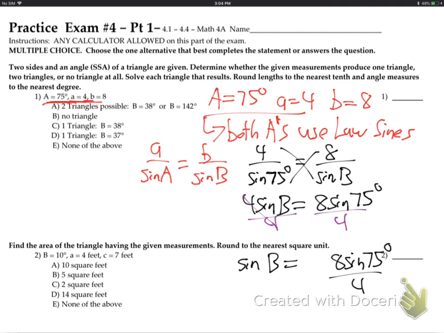Good to there. You can cancel 4 into 8 if you want. It doesn't matter, though, because what am I going to do to get B? Sine inverse. So you can just do that. Sine inverse, these cancel. So B equals whatever the sine inverse of that whole thing is.